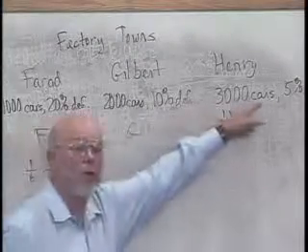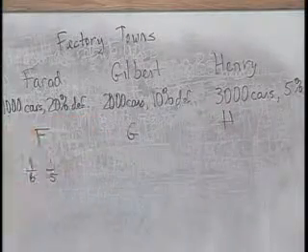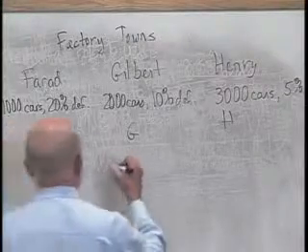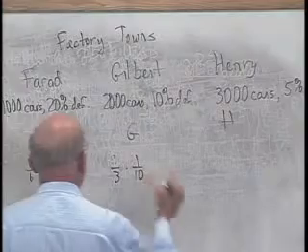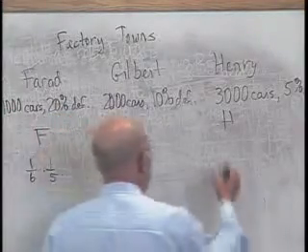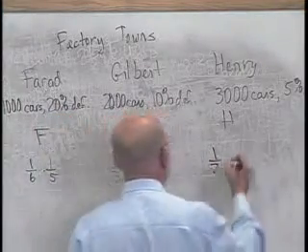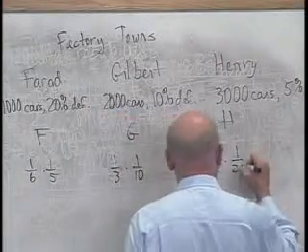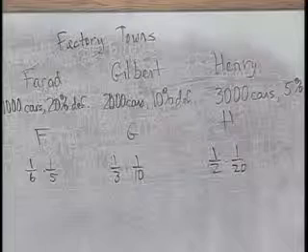Notice all these are really conditional probabilities. They're numbers that only apply given some other event. This one is 1/3 times 1/10, and this one is 1/2 because half the cars are made in Henry, and only 1 in 20 of them is defective.